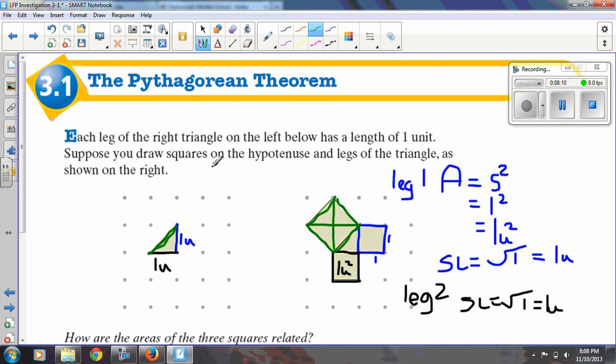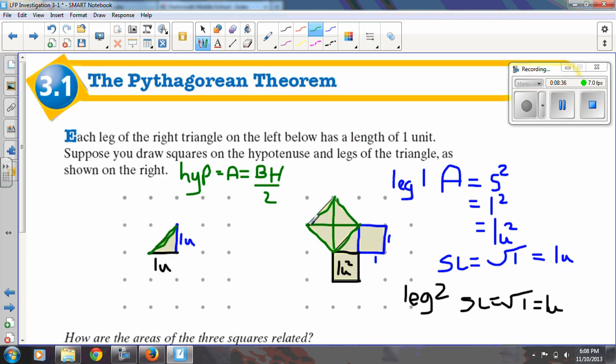Okay, now this is the hypotenuse. I love that word, hypotenuse. I'm just going to abbreviate. Hypotenuse. Now, when I'm trying to find the area of a triangle, because these are 4 right triangles, the formula is base times height divided by 2.